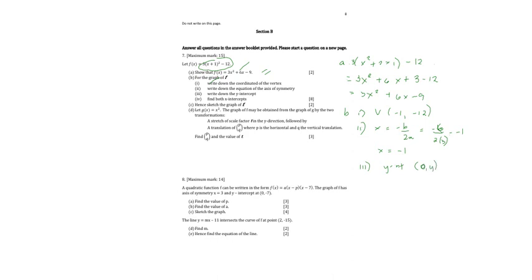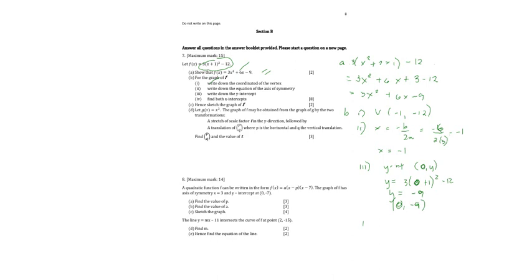So y equals 3 times 0, that's the value of x, plus 1 squared minus 12. This will give us y equals -9. So the y-intercept is at 0, -9.